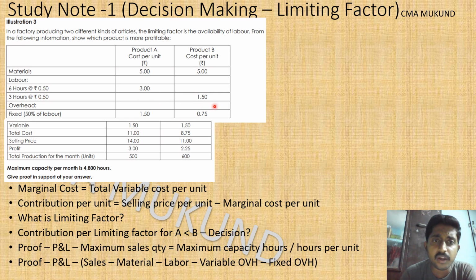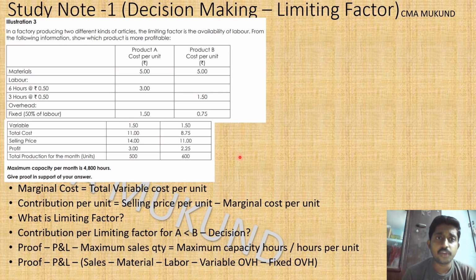Now you know the sales quantity. Now you can draw the P&L. Sales quantity multiplied by the selling price. Sales is ready. Sales is the topmost item of the P&L. Next, material cost: you have the material cost per unit multiplied by the sales quantity of 800 for product A and 1,600 for product B. You are just doing a comparison.